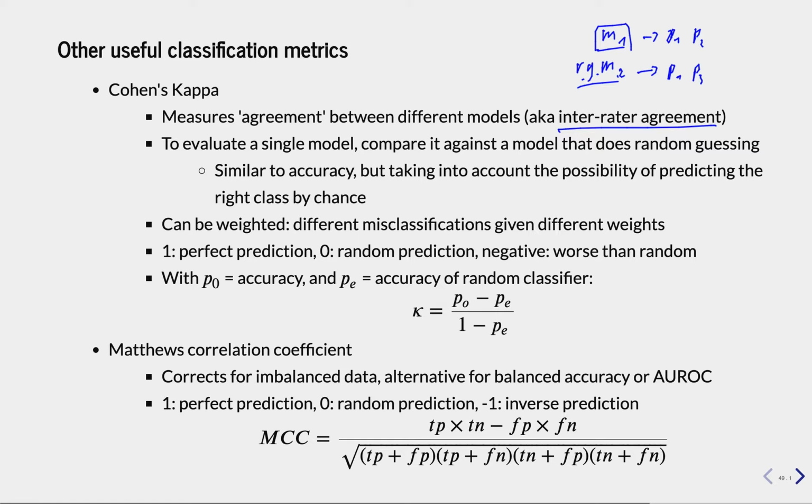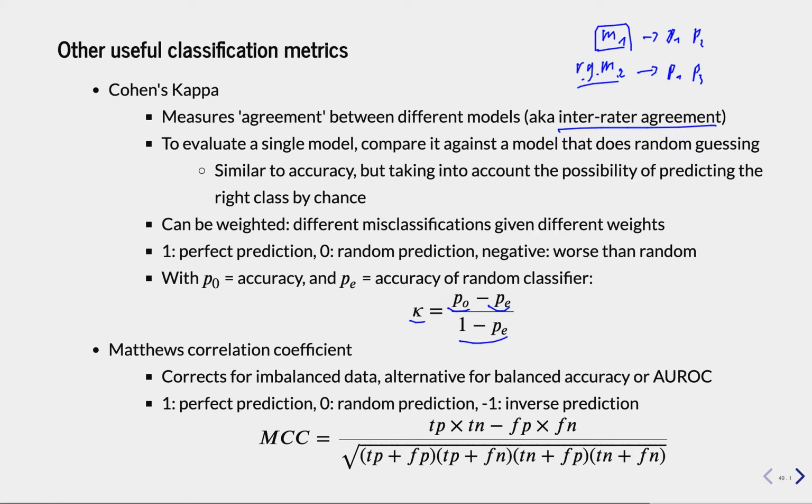Basically, it looks like this. So our kappa score is the accuracy of our model minus the accuracy of a random classifier, normalized by 1 minus the accuracy of a random classifier. Because of course we want to do the opposite of what the random classifier does.